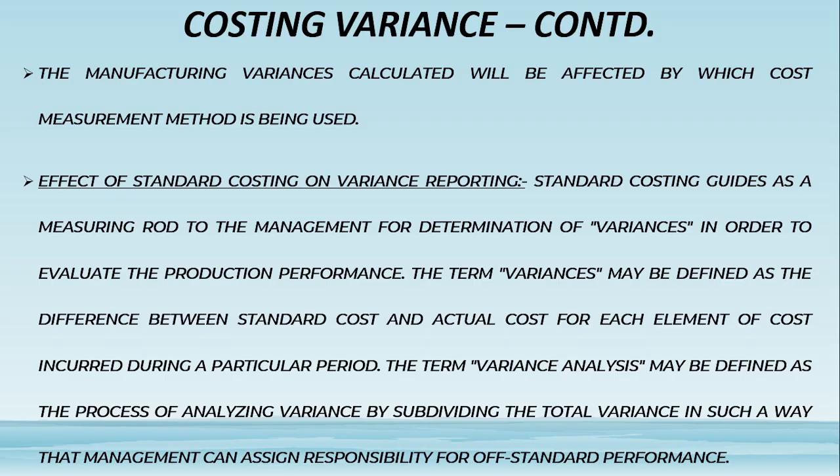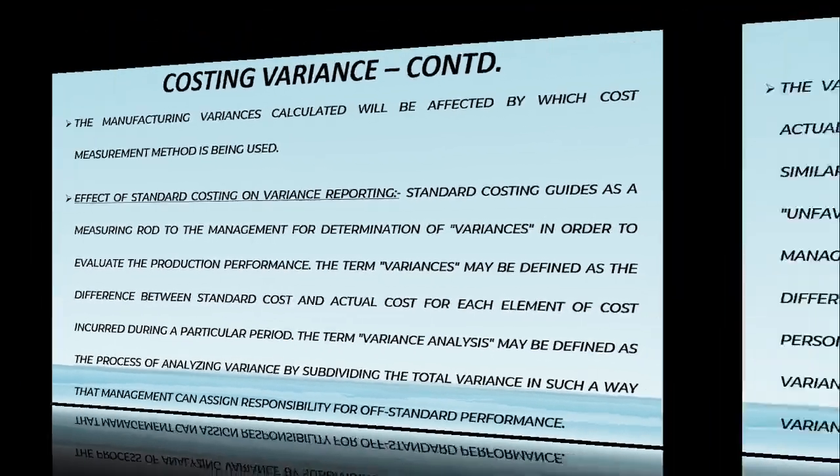The term variance analysis may be defined as the process of analyzing variance by subdividing the total variance in such a way that management can assign responsibility for substandard performance.